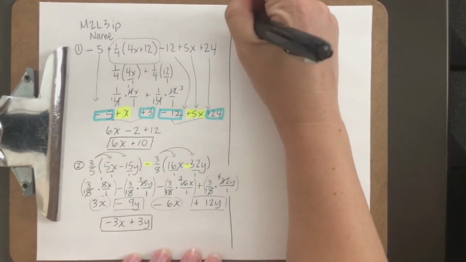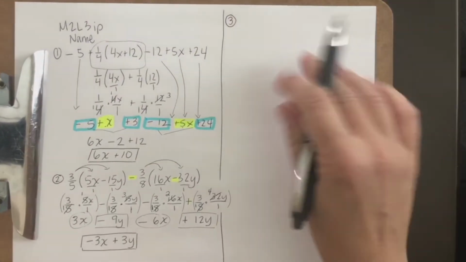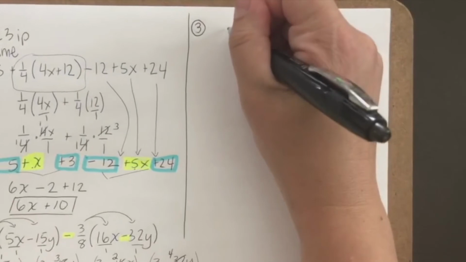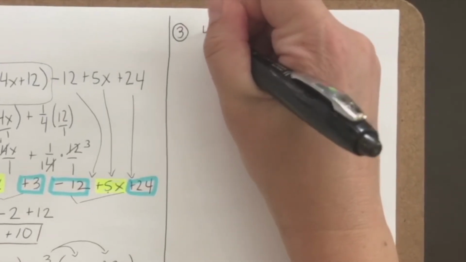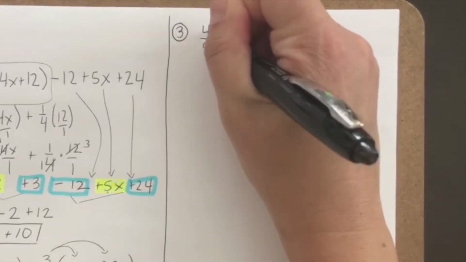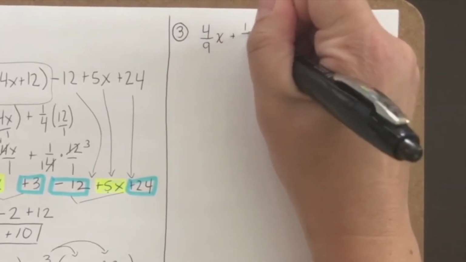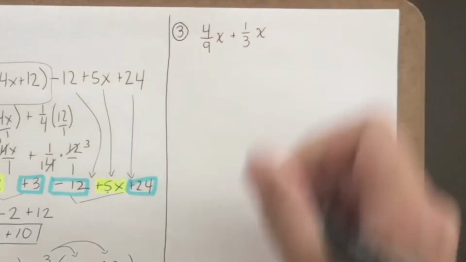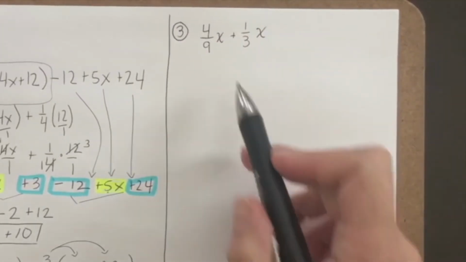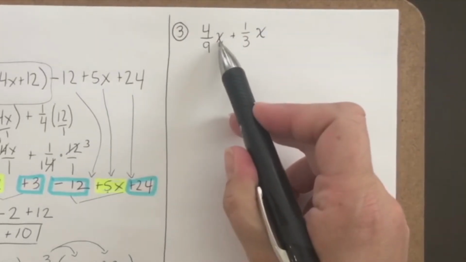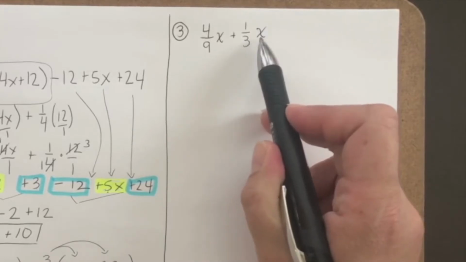Let's do number 3. It doesn't look like it's as long, so I can probably fit it here just fine. 4/9 x plus 1/3 x. So I have a fraction of an x plus another fraction of an x.